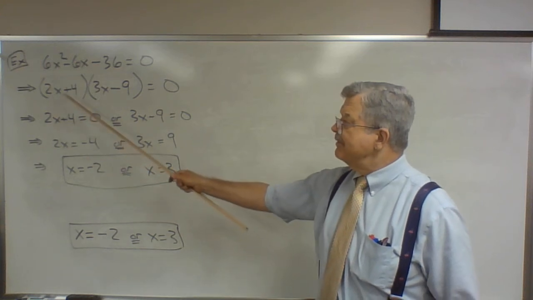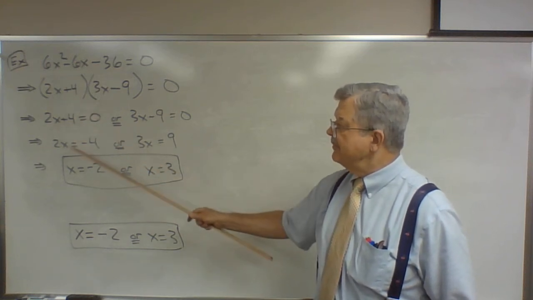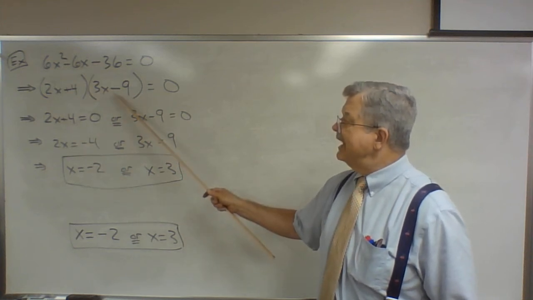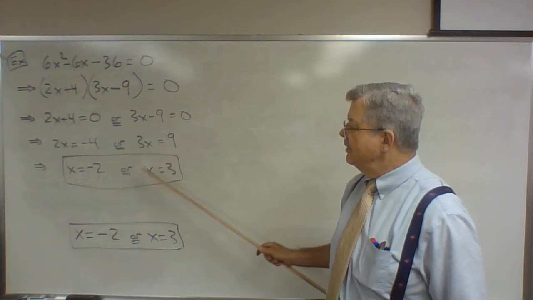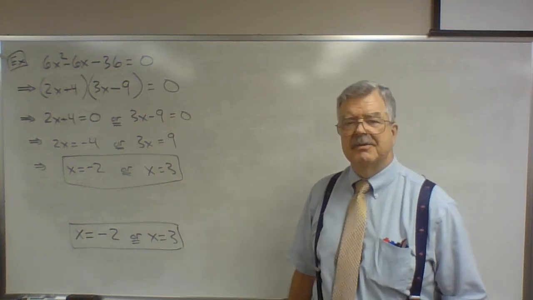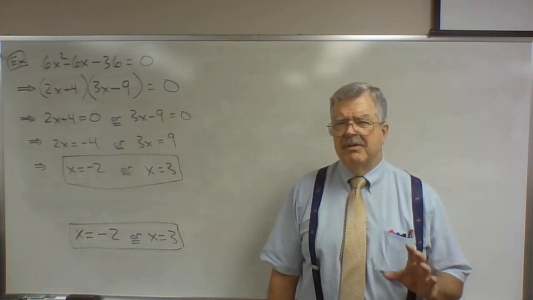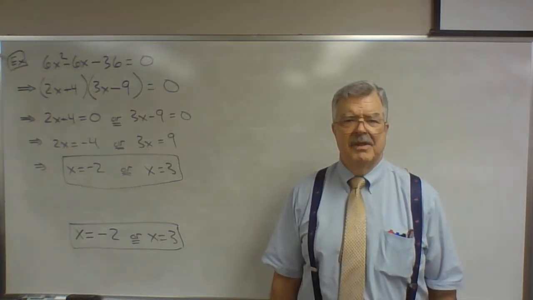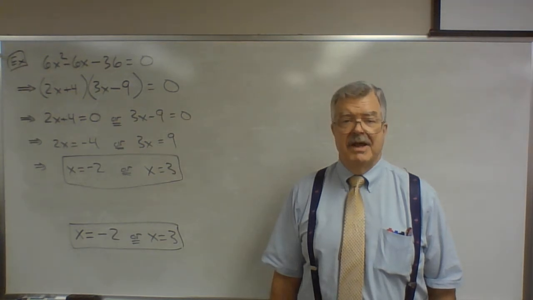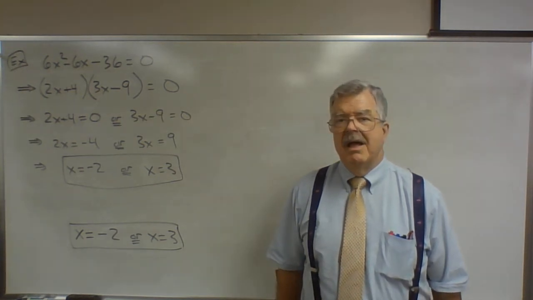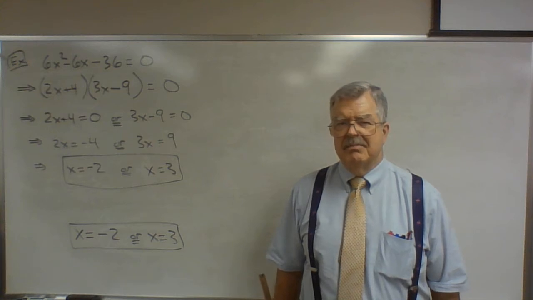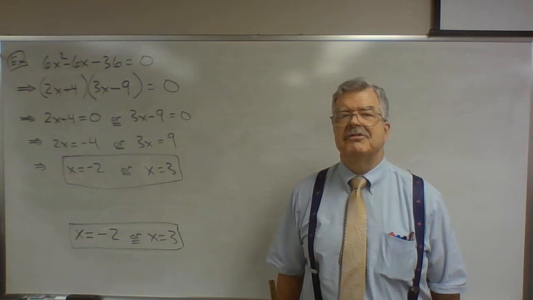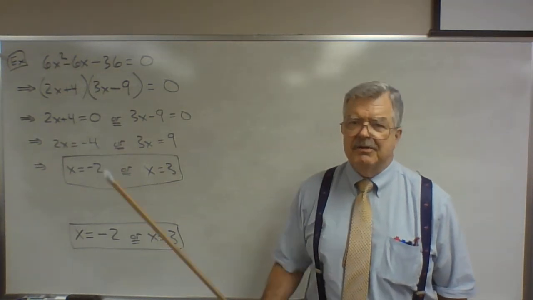And that would mean that either the first factor is 0, which gives us the first solution, or the second factor is 0, which gives us the second solution. So in general, we expect to get two solutions when we solve a quadratic equation. In general. Does that always happen? Well, let's see. Let's look at another example.